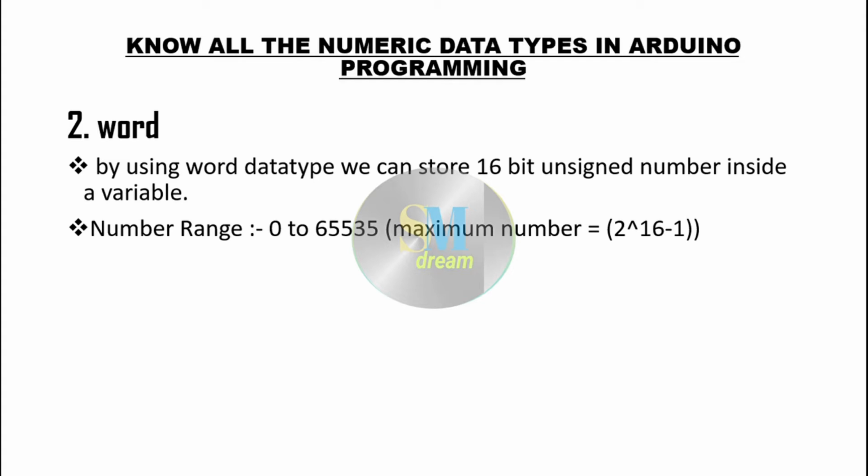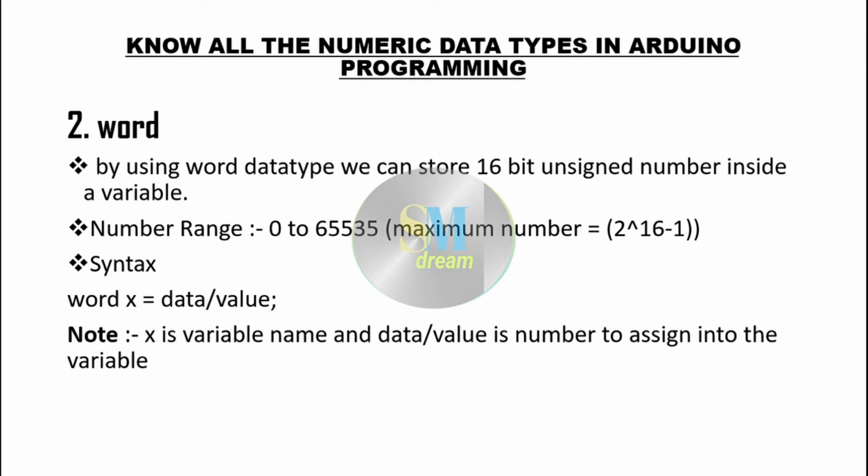The maximum number calculation is 2 to the power 16 minus 1. The syntax is very simple: word, then variable name equal to data or value. Just see the example. Here you can use a maximum number up to 65535. So this is the word data type.